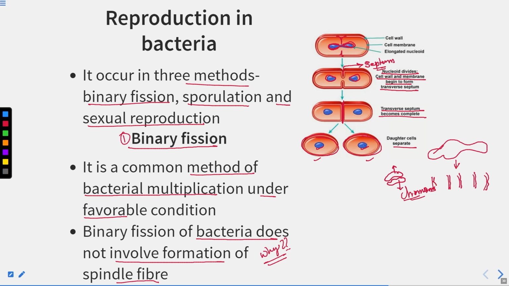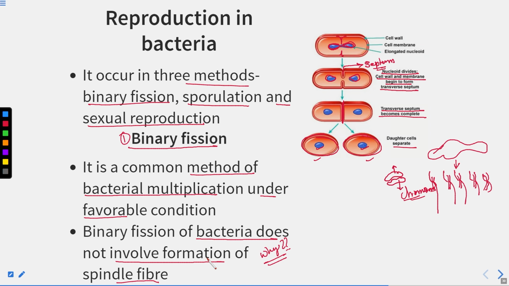One copy has to go to this side and one copy goes to the other side. So here there are so many chromosomes, so they require formation of the spindle to divide them, so that the two different cells get an equal number of chromosomes.